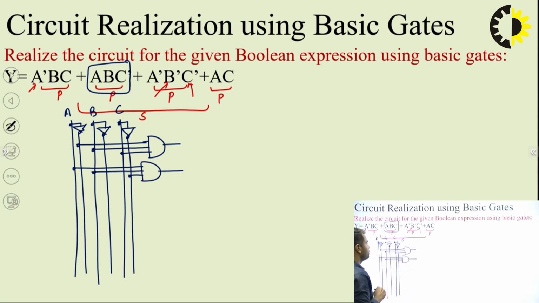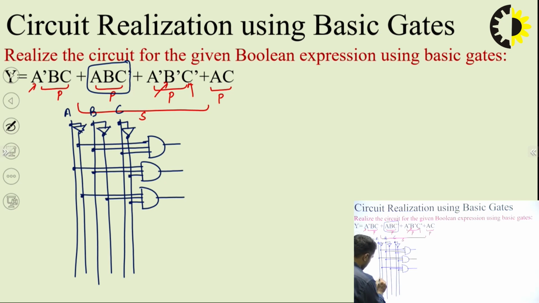Another product. The third product is A bar, B bar, C bar. That means all complements. So this is A bar, this is B bar, and this is C bar. Another product. And the last product is AC.